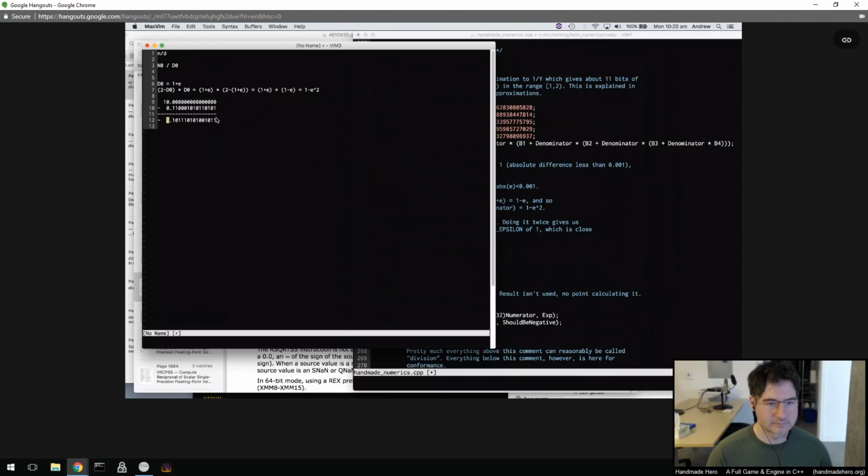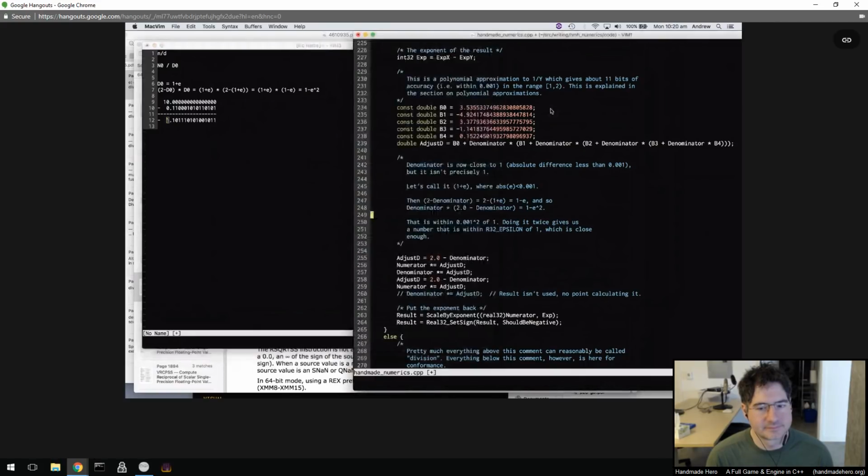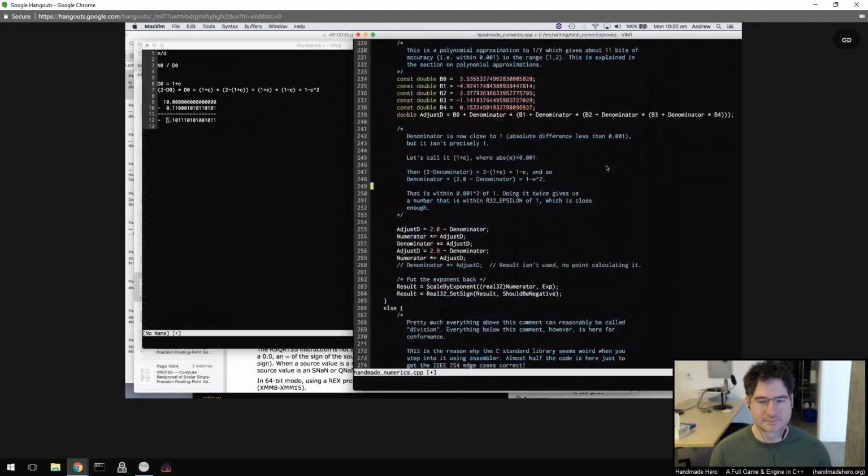This last little add-a-1 operation is so small that we don't care. We're using lots of extra bits of precision to calculate this. So rather than 2 minus d0, what it actually uses is d0 with its bits flipped like that. So that's what the FPU does that we can't really do here. I mean, I guess we could, but it doesn't matter. Anyway, that's the division operation. So that's some insight into how your FPU works.